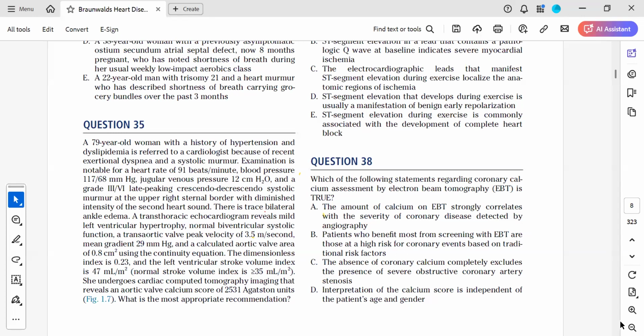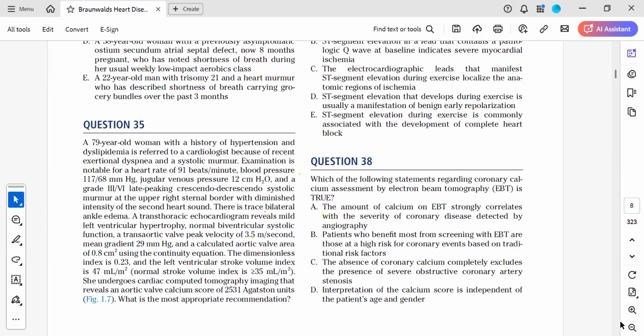Then, of course, we look at the AVA. This AVA was not via the planimetry method; it was via the continuity equation method. The calculated AVA was 0.8 square centimeters. Also, the dimensionless index is 0.23.